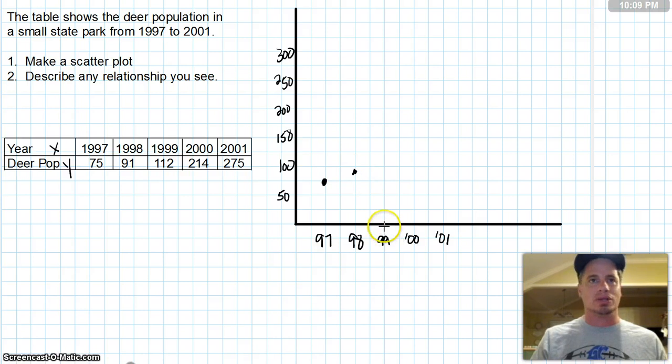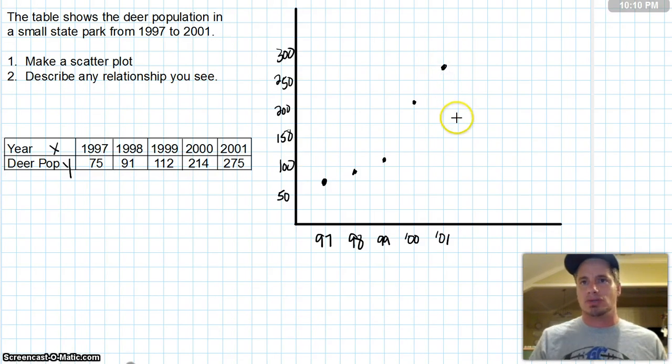We can be pretty close. 99 and 112, well, this is 125 and this is 100, so 112 is about halfway in between. 2000 and 214, well, here's 2000. Well, here's 225, so 214 is somewhere about right here. Then 2001 and 275. Well, 275, we know exactly where that is. That is right here.